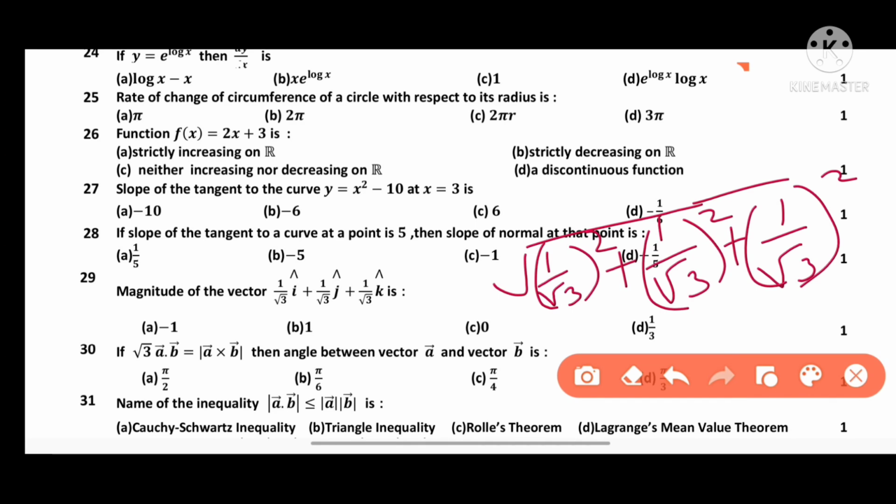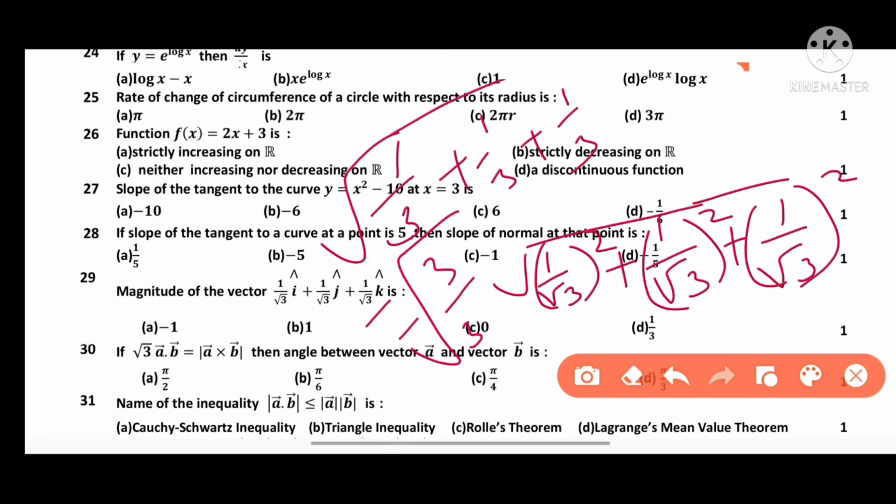Now by solving this, 1 by 3 plus 1 by 3 plus 1 by 3, under root, that is 3, that is 1. So answer is B option, 1.